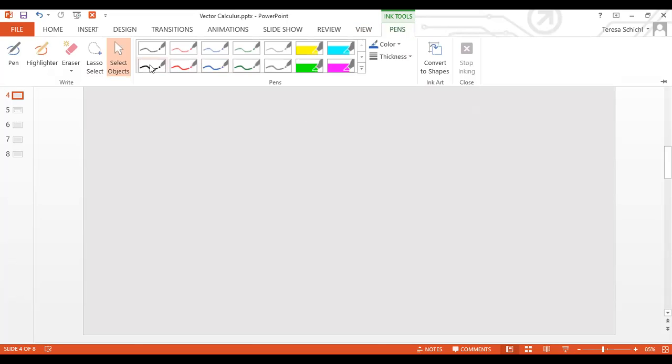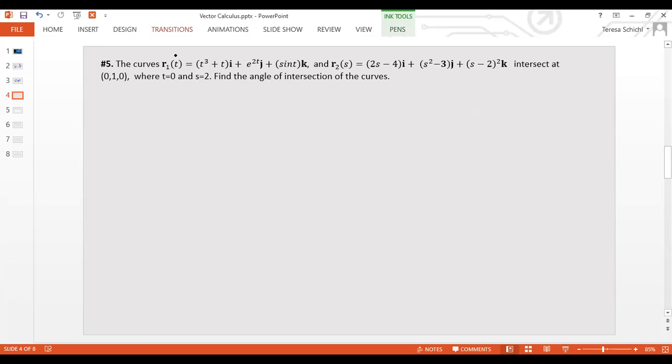In order to find the angle of the intersection, first I'm going to take the derivative, r prime of t.